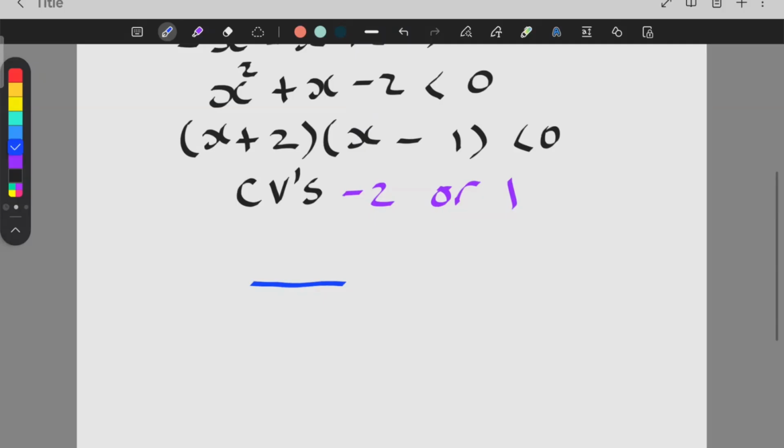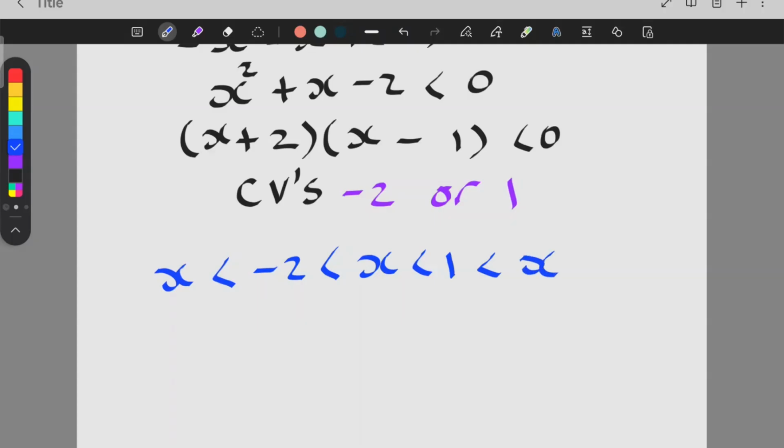Now, an easy way to do this is to write this answer down. So smallest critical value, biggest critical value, you write that down. Then you do the signs again. And then you write x here and x there. Okay, so it will always look like this. This, and this, and this will always look like that.